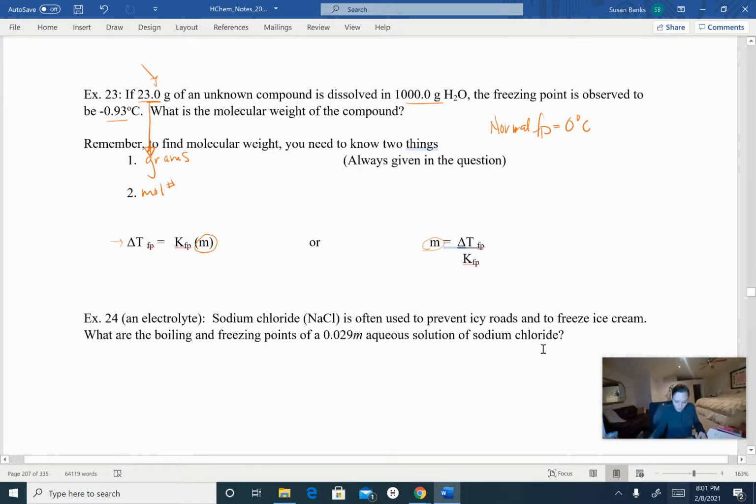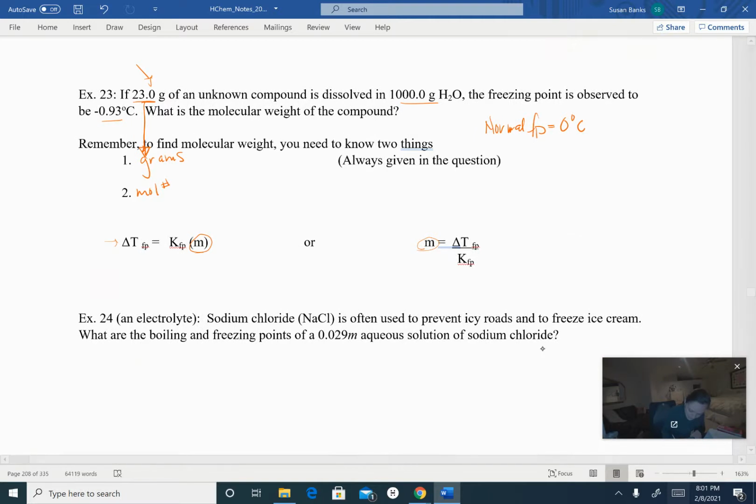So I'm going to say my molality is equal to 0.93 degrees Celsius, and I want to divide by my freezing point constant. Isn't my freezing point constant, didn't we find it in the last question, 1.86 degrees Celsius per molal for water?